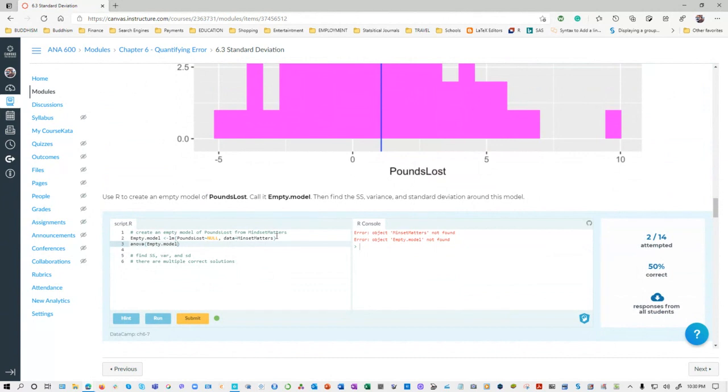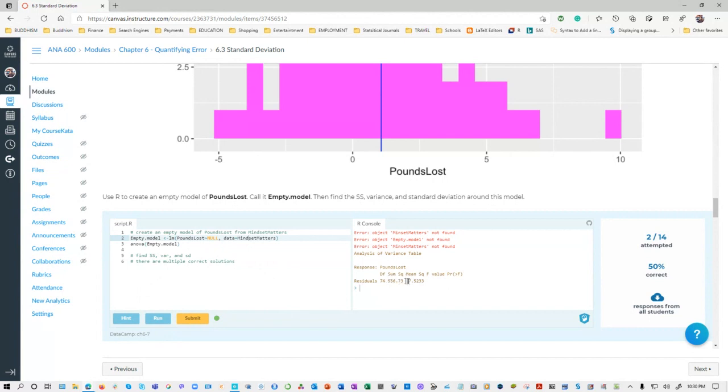We don't have... okay, I know what happened. One letter is missing: mindset matters. So this one gives you SSR, the sum of squared residual.